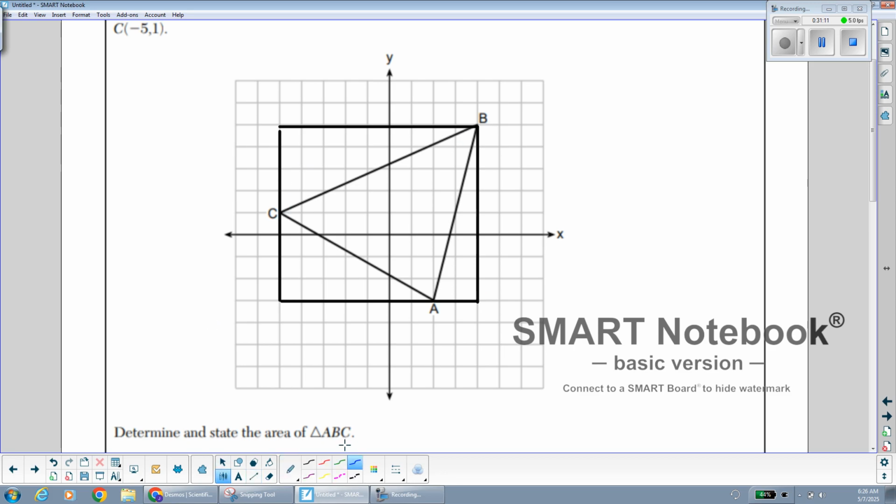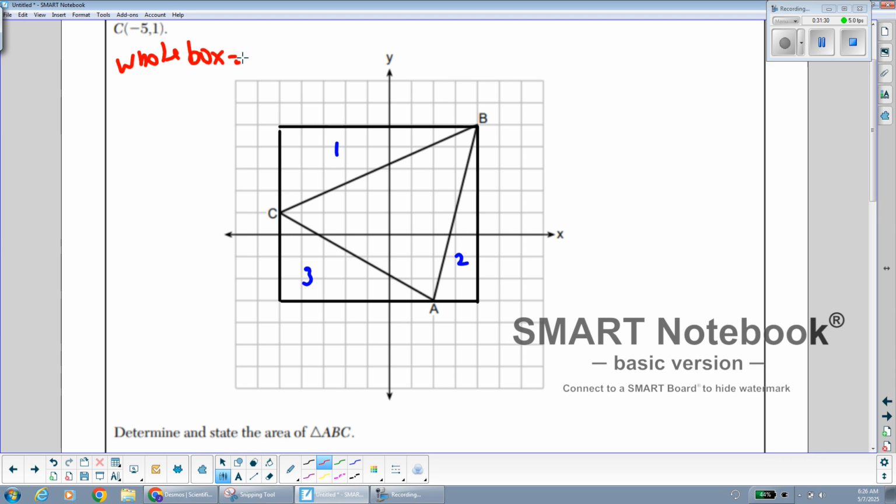And then we have 3 right triangles, 1, 2, 3, and we can find the area of the whole box. We can find the area of the right triangles, and then we can subtract to get the area of the triangle that we want. So first I'm going to find the area of the whole box.